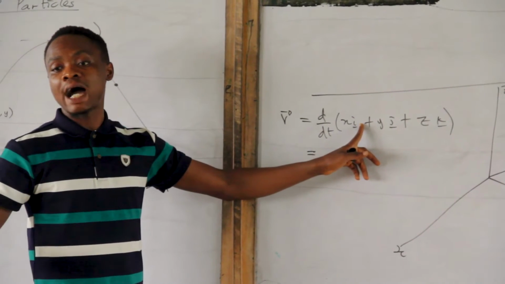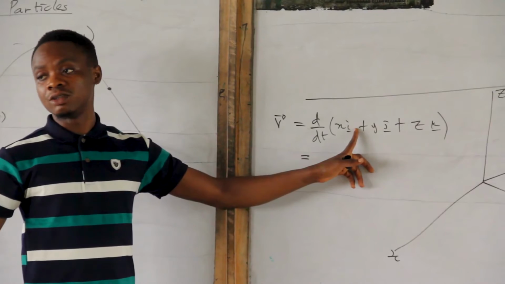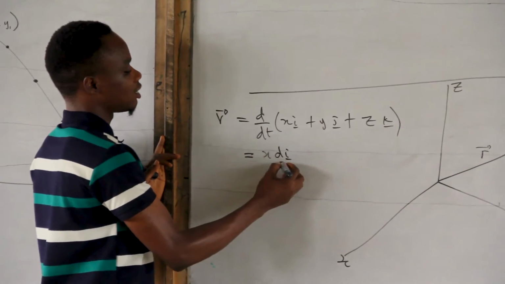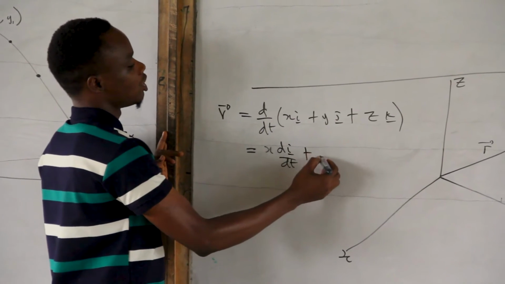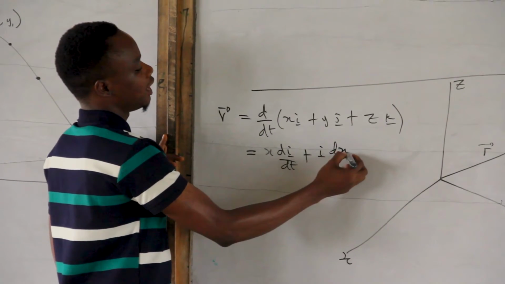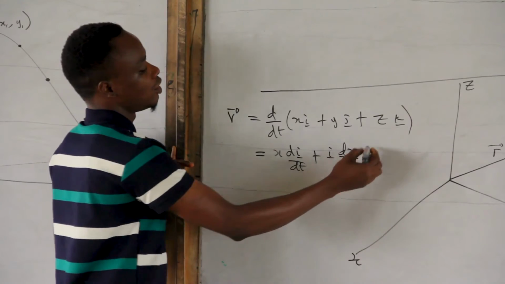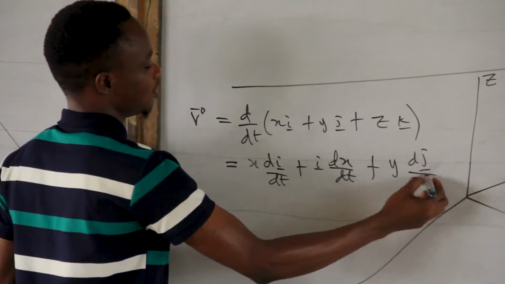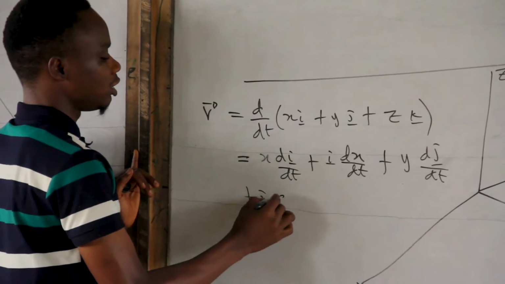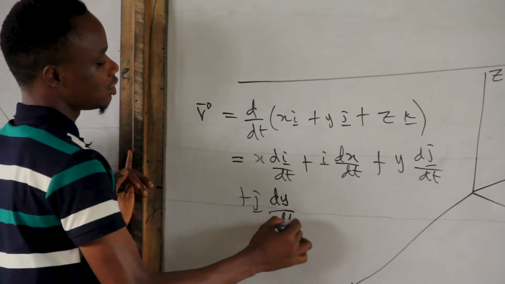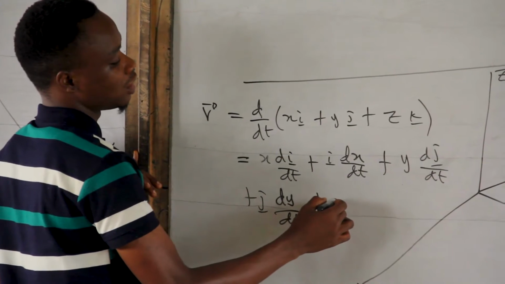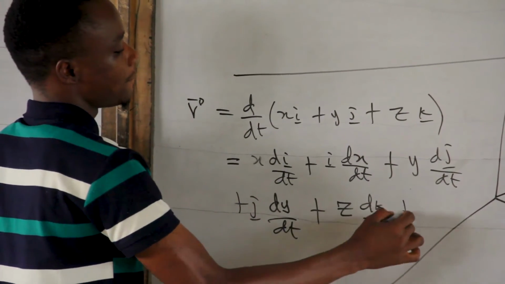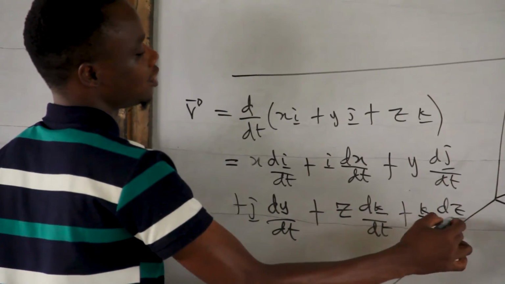If i was not a constant vector, for instance, I would write this as x di/dt plus i dx/dt, plus y dj/dt plus j dy/dt, plus z dk/dt plus k dz/dt.